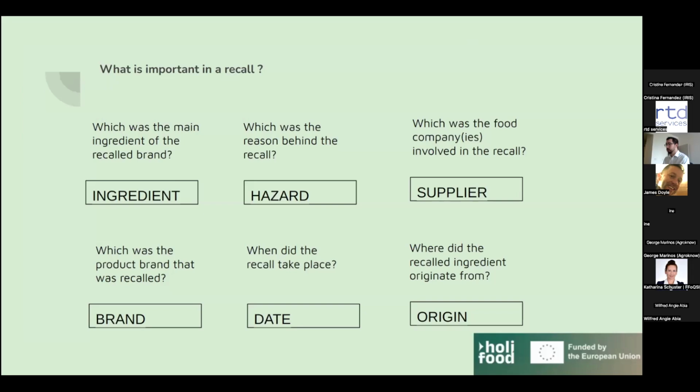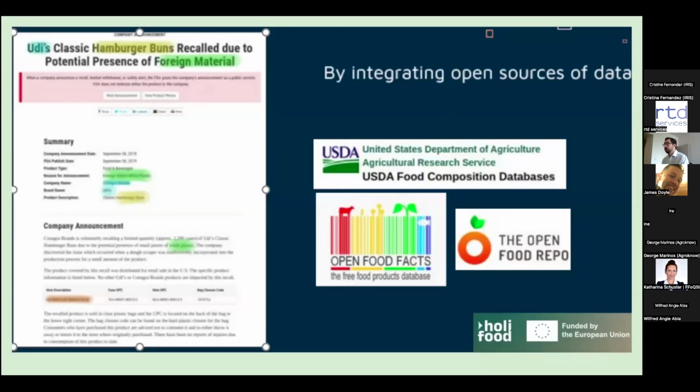And we have some other entities that we would like to extract, for example, the brand, the date, and the origin, and all of them can be found in specific parts of the announcement, but it's not the same for each data source, because some data sources announce incidents in a structured format, some in a semi-structured format, and some data sources announce the incidents in a totally unstructured format, for example, plain text.